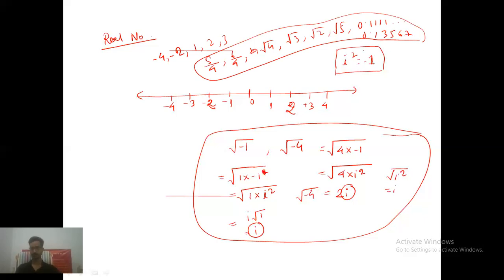Yes. So what is the definition of real number? The numbers which we can plot in a number line are called real numbers. Examples of real numbers are all the integers: -3, -4, 0, 1, 2, 3. Then all the rational numbers, 5/4, 3/4, all the whole numbers, fractions, natural numbers.